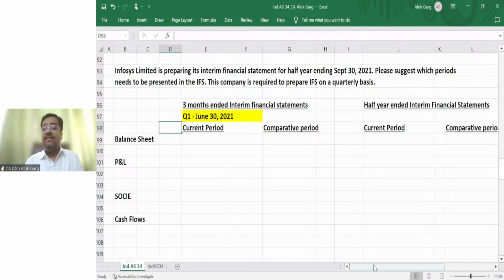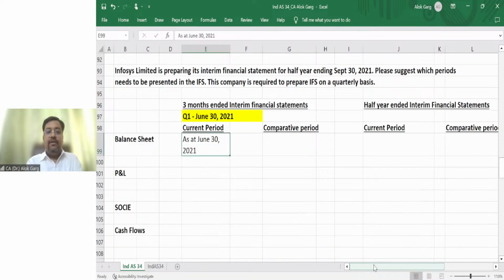Yes, now let's discuss the period. What are the periods for interim financial statements? I'm not talking about full set or the condensed set, whatever the set will be, what will be the periods? So friends, the balance sheet will be as at June 30, 2021. Now tell me what is the comparative balance sheet? The comparative balance sheet number is always as at, right?